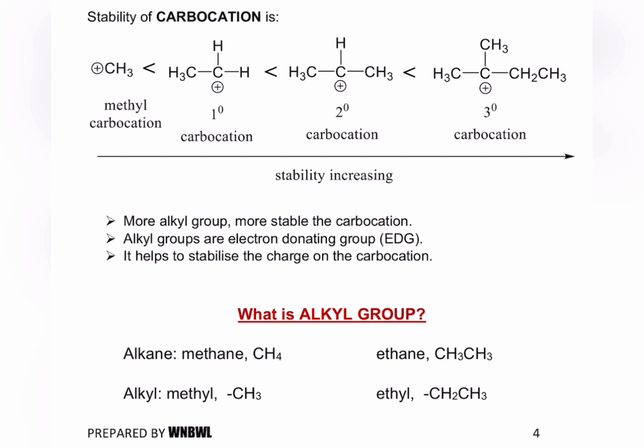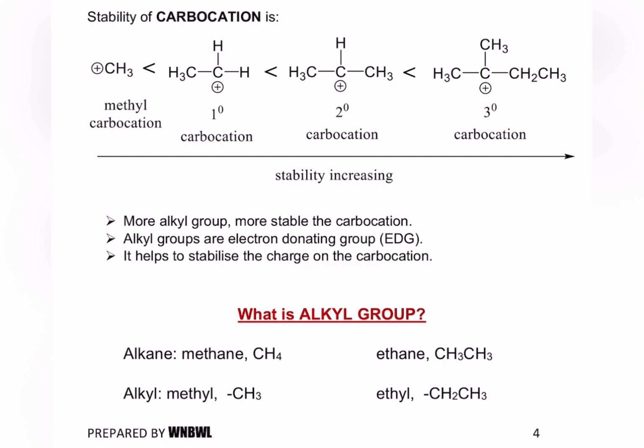For example, you have methyl carbocation here, where CH3 has a positive charge, and the number of alkyl groups keeps increasing from primary carbocation to tertiary carbocation, and the most stable one is the tertiary carbocation because the presence of alkyl groups is the highest in this form compared to methyl carbocation, and alkyl groups act as EDG that helps to stabilize the charge on the carbocation.